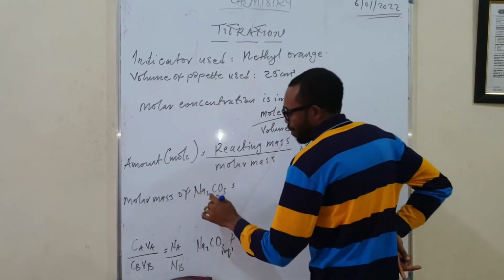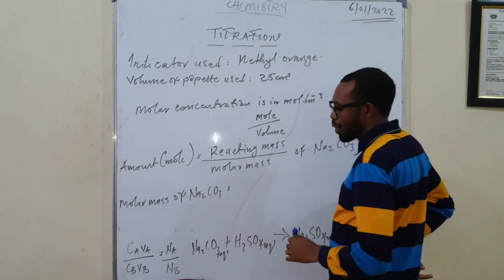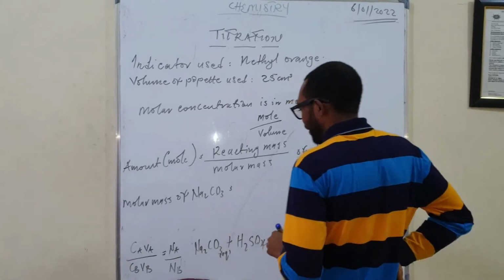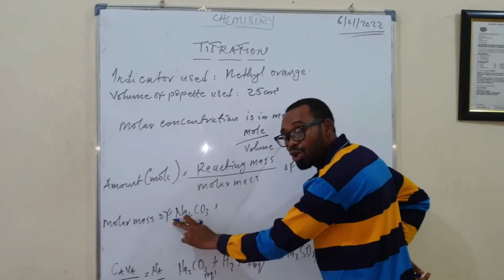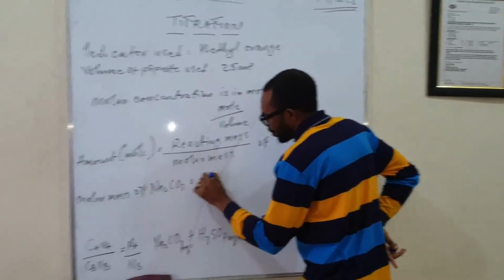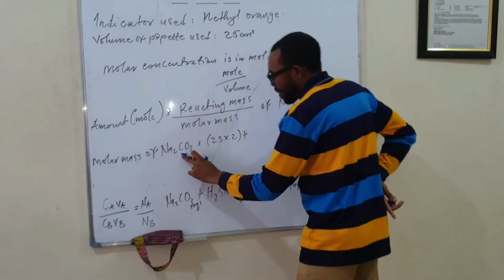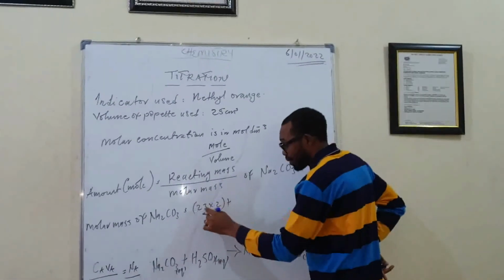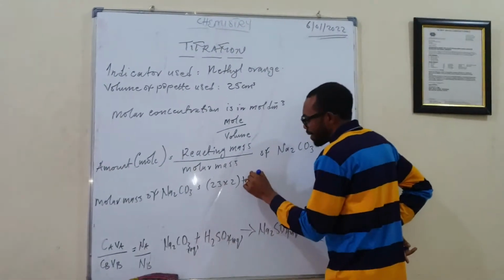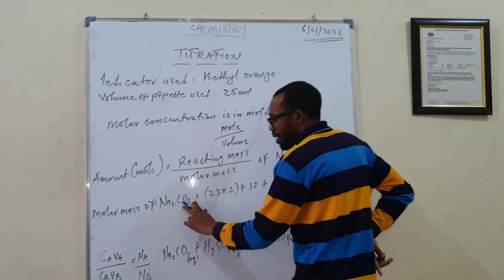Good. Now, the relative atomic mass of sodium is 23, and you have two atoms of sodium there, so it becomes 23 times 2, plus carbon, which is just one atom with a relative atomic mass of 12, plus 12.